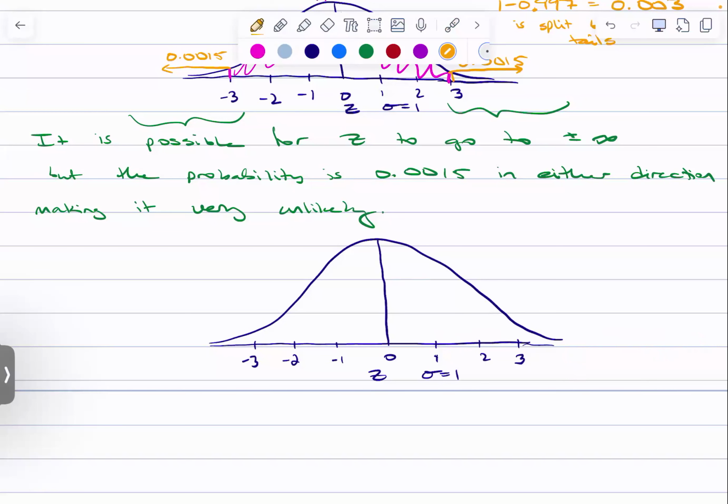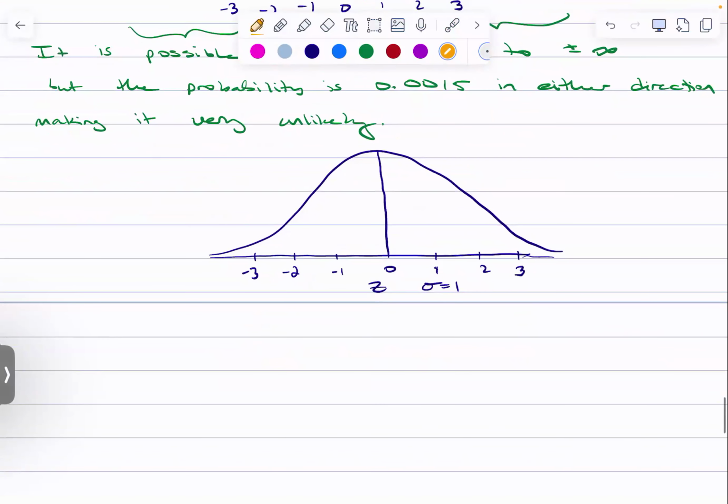Let's see here. I'll use orange for the 3s. 0.0015. I'll use green for the 2s. 0.025. 0.025.